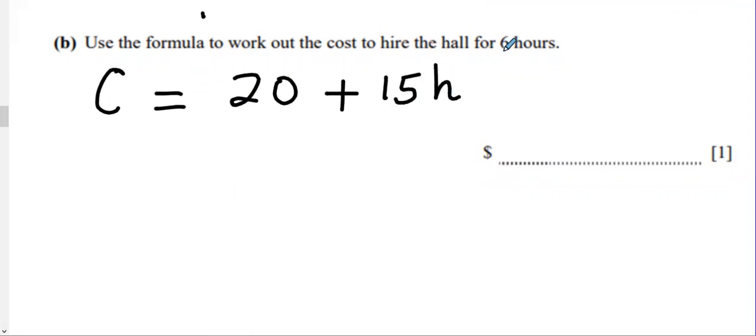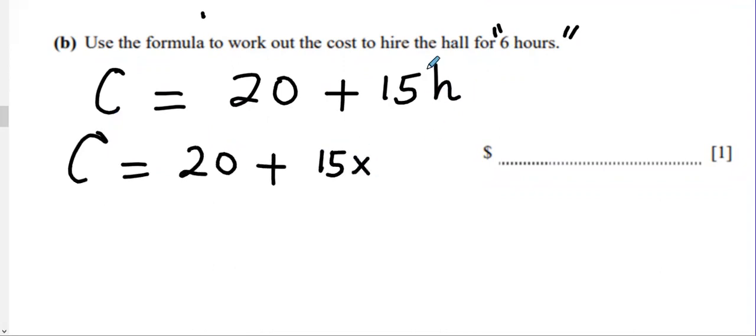If you hire the hall for 6 hours, we expect the cost to equal $20 plus 15 times H. Now, this H is 6 hours, so you go ahead and multiply by 6.